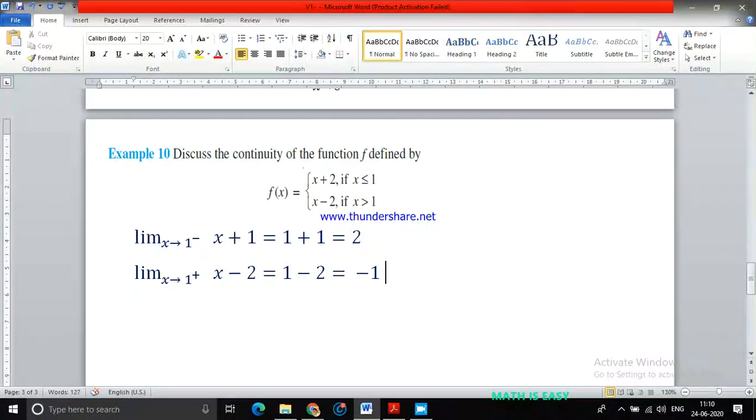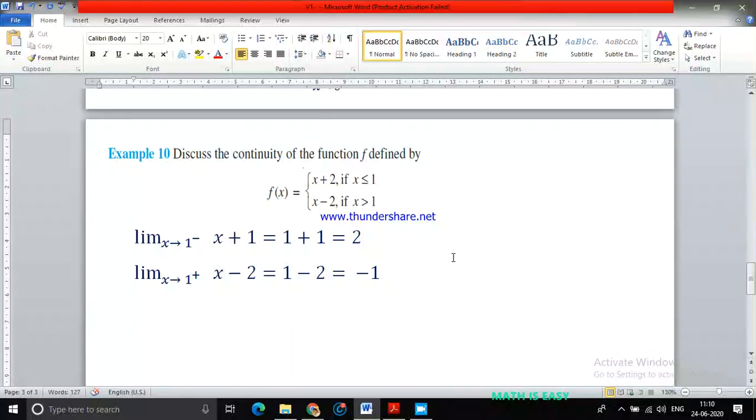So the left limit is 2 and the right limit is minus 1. Hence the function is discontinuous. Here you don't need to find f of 1, because I already know the left limit and right limit are not equal. So it is a discontinuous function.